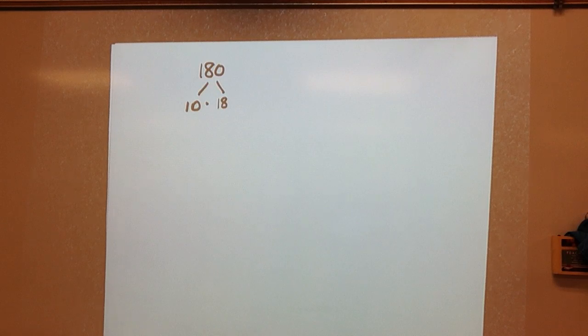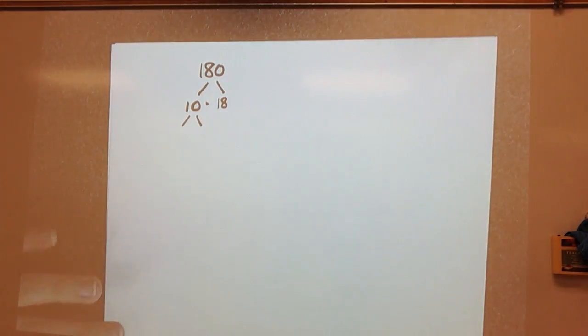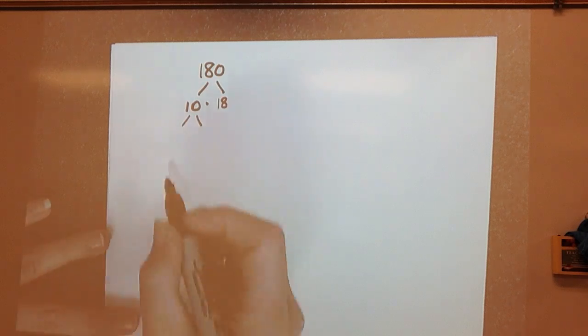Once again, guys, let's start with 10. 10 ends in a 0. 2 will go into it. 5 will go into it. It's not prime. So I have to break it down even more. 1 times 10 is not going to help me. 2 times 5.